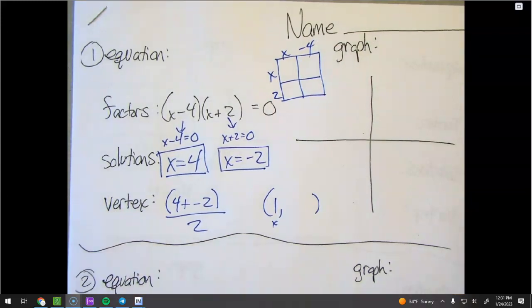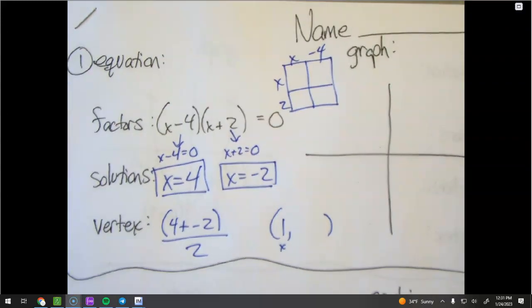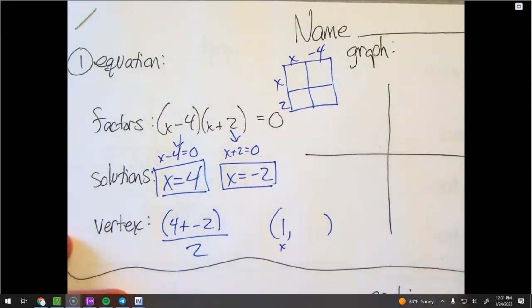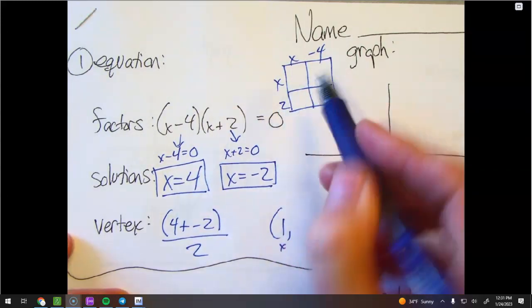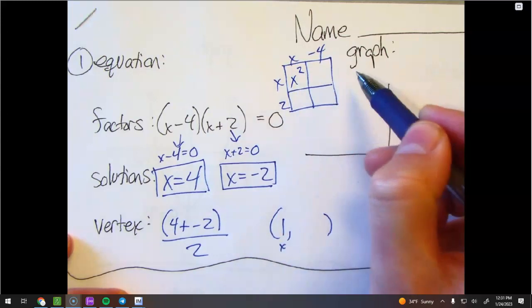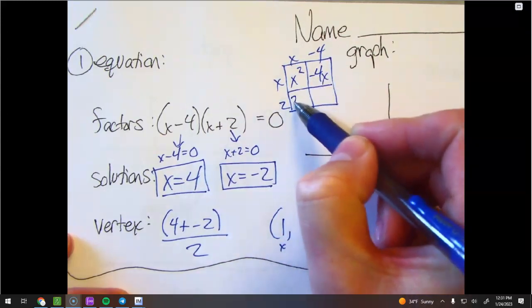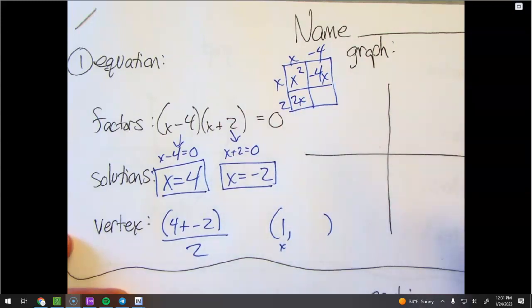I know some of you do distributive or FOIL. Totally fine. I'm just going to go through the box way. So I'm taking my two factors and putting them on each side of the box. Then I'm going to multiply it in. So x times x is x squared. This will be negative 4x. x times 2 is 2x.